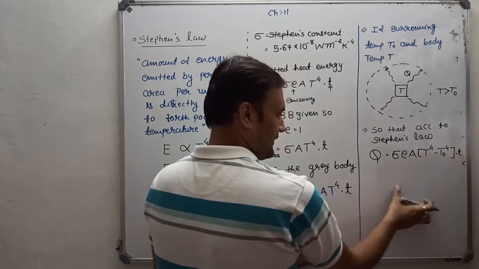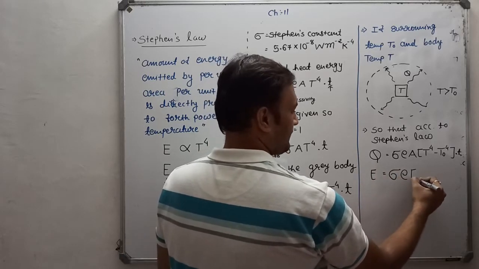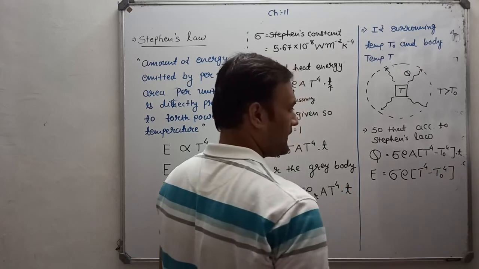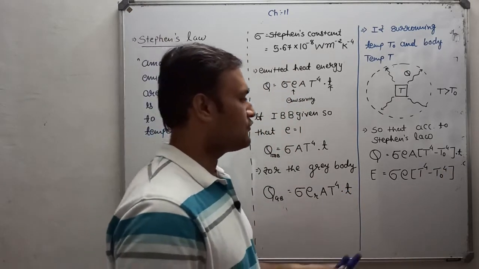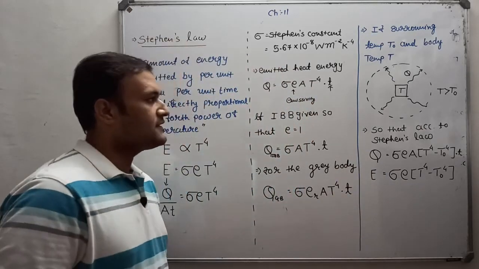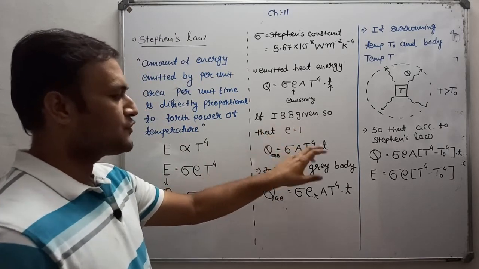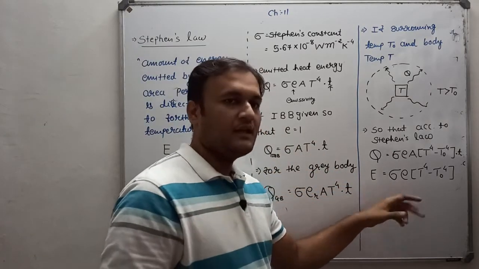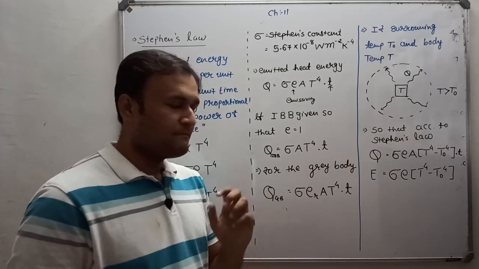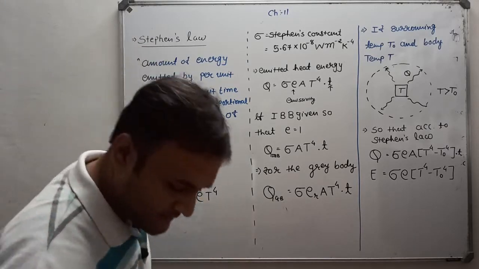So E is equal to sigma E into T raised to 4 minus T0 raised to 4, and this is the energy per unit area per unit time. This is Stephen's law, and if we take an IBB, E is equal to 1. If it is not an IBB, the value is given in the sum.